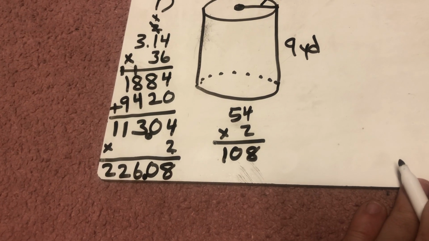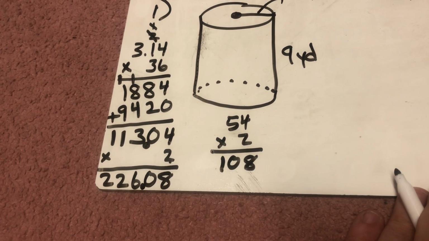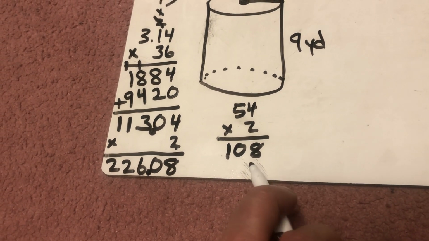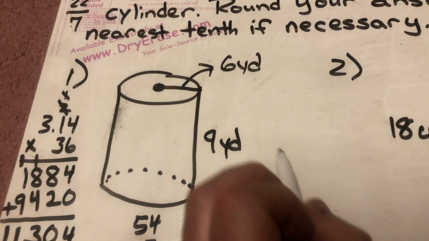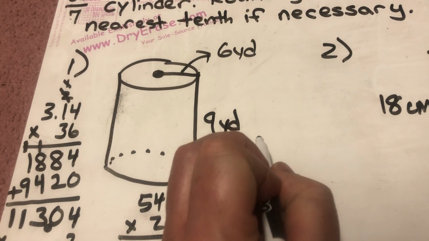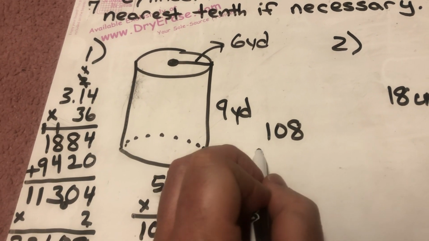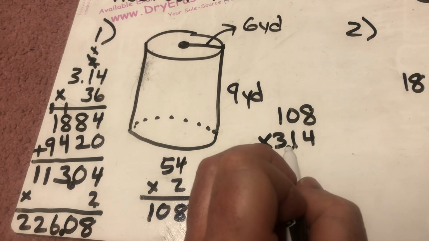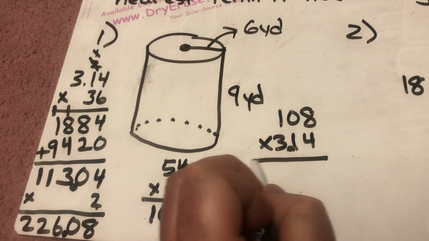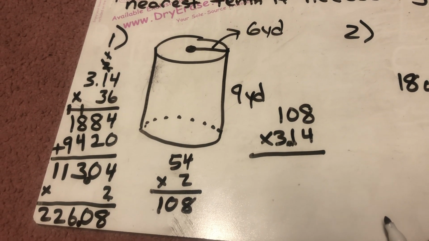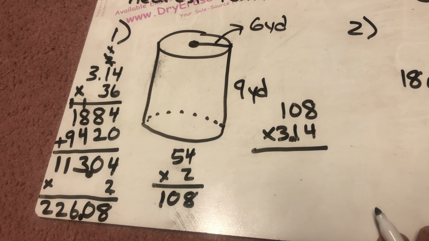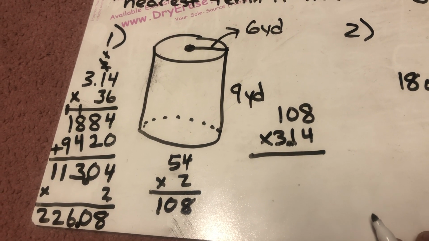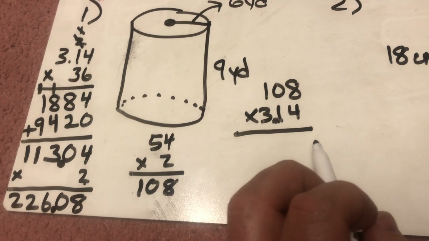I can then take 108 and multiply that by pi, which 108 will not work well with 7. So we're going to take 108 and we're going to multiply that by 3 and 14 hundredths. Remember, with decimal multiplication, it does not need to be lined up. You just remember the decimal rule at the end. However many digits come after the decimal in the problem, that's how many digits need to come after the decimal in the answer.